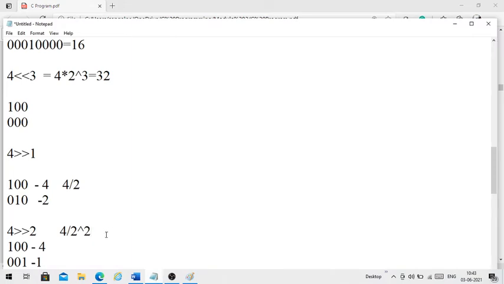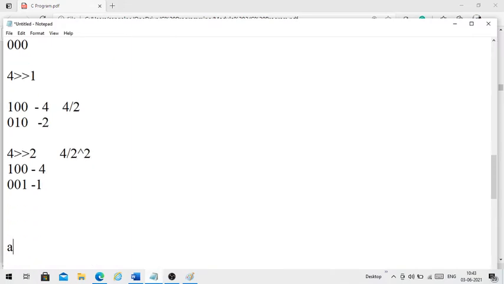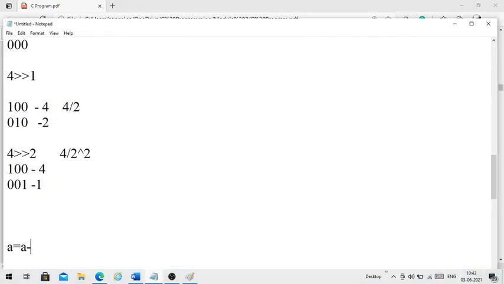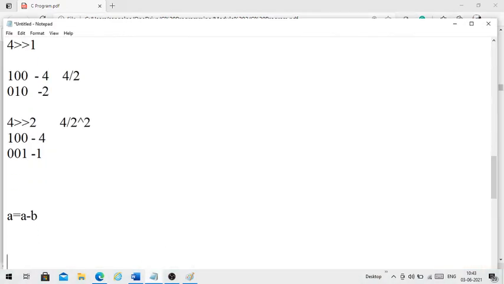Instead of writing A equal to A minus B, what I can write is A minus equal to B. The same. That is the assignment operator. It is like this, A minus equal to B.